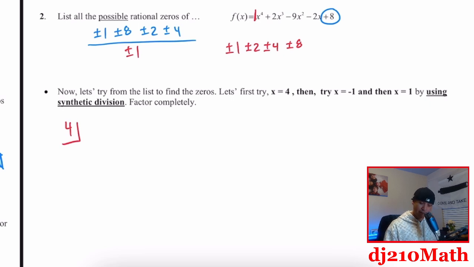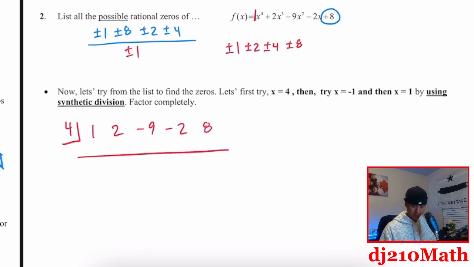So this is going to be 1, 2, -9, -2, 8. All right, bringing down the 1 below the line. 1 times 4, plus 2, times 4 is 24, plus -9 is going to be 15.